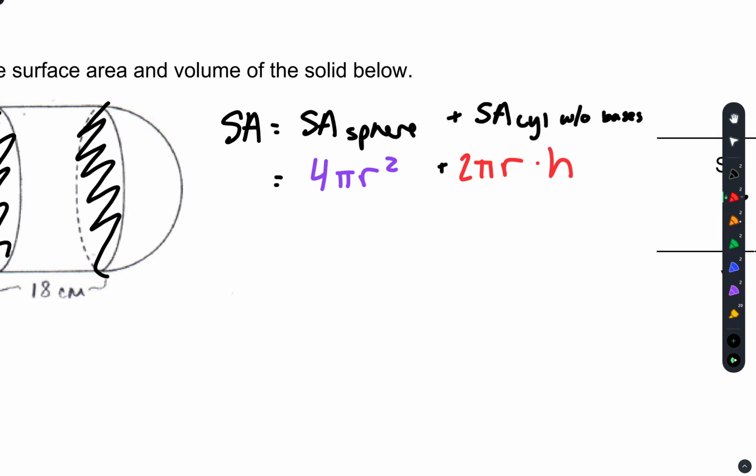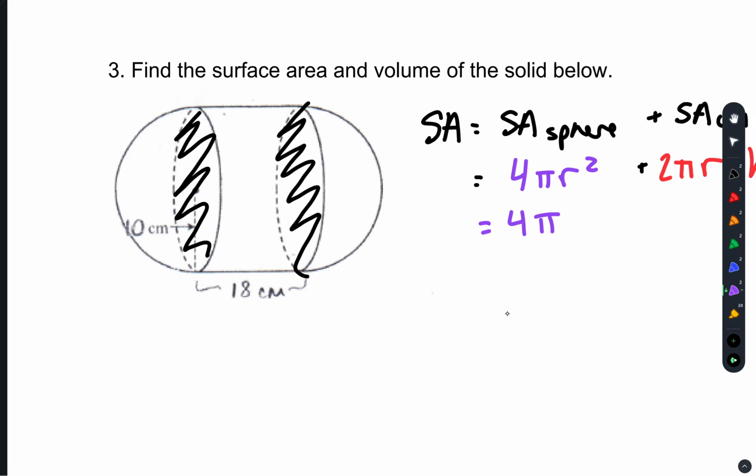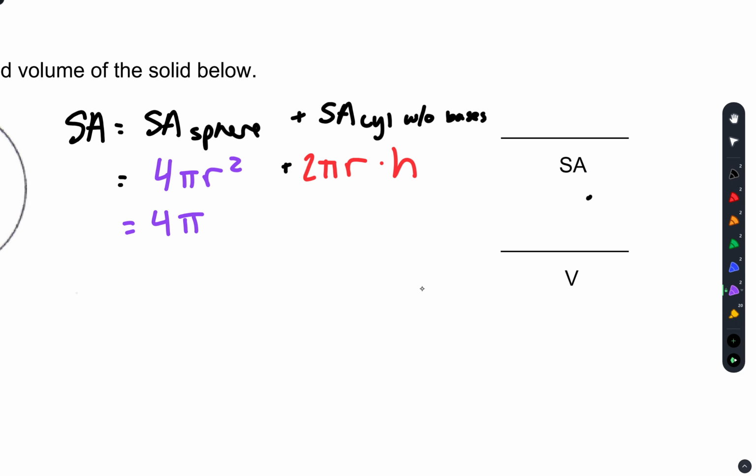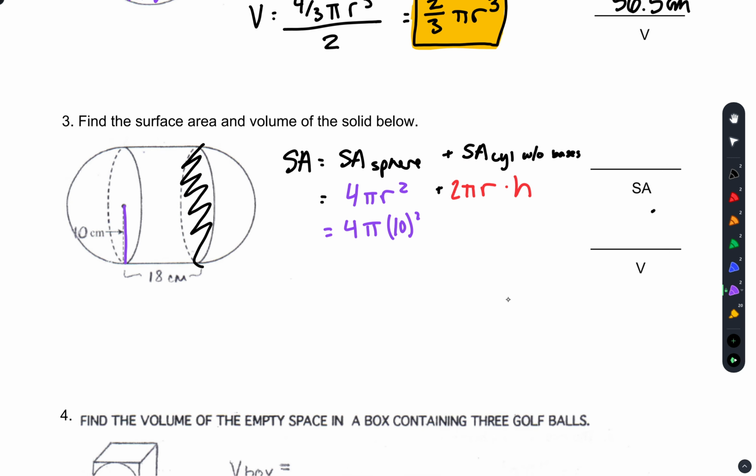Okay, so now all we got to do is plug stuff in. So 4 pi, the radius. Oh, I kind of covered over it. The radius of that sphere is 10. Plus 2 pi, the radius is 10.